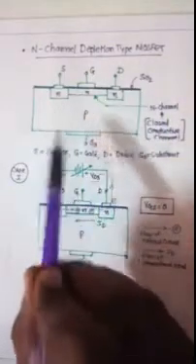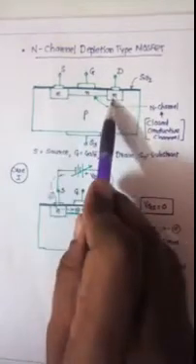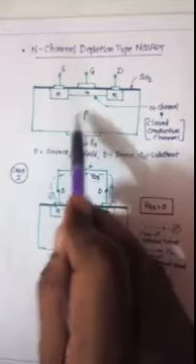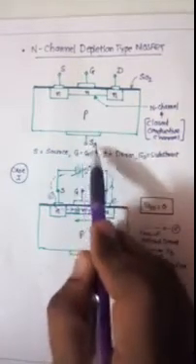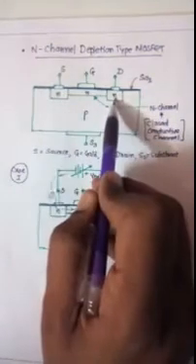Here is the construction of the N channel depletion type MOSFET. As shown in the figure, we take N type semiconductor material and P type semiconductor material. The P type material is considered the substrate, with terminal SS, and of the N type materials, one is the source and one is the drain.